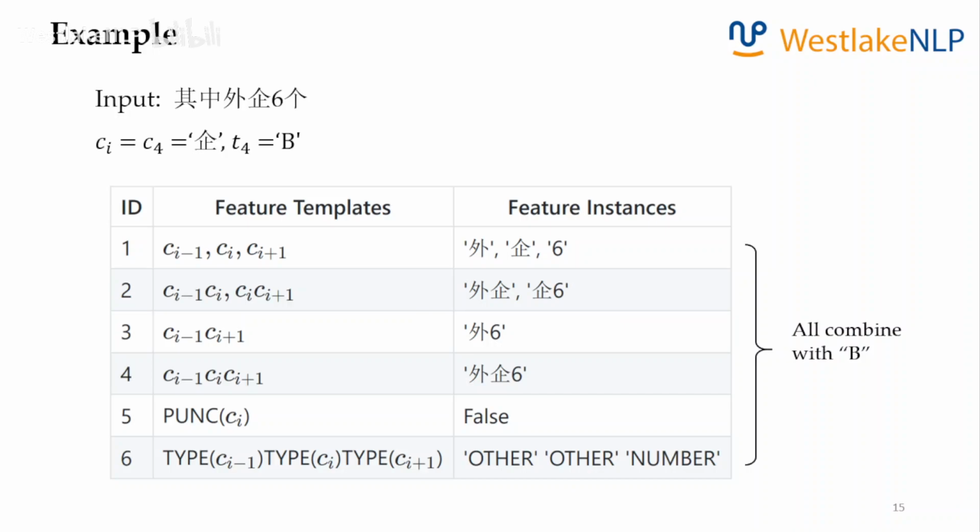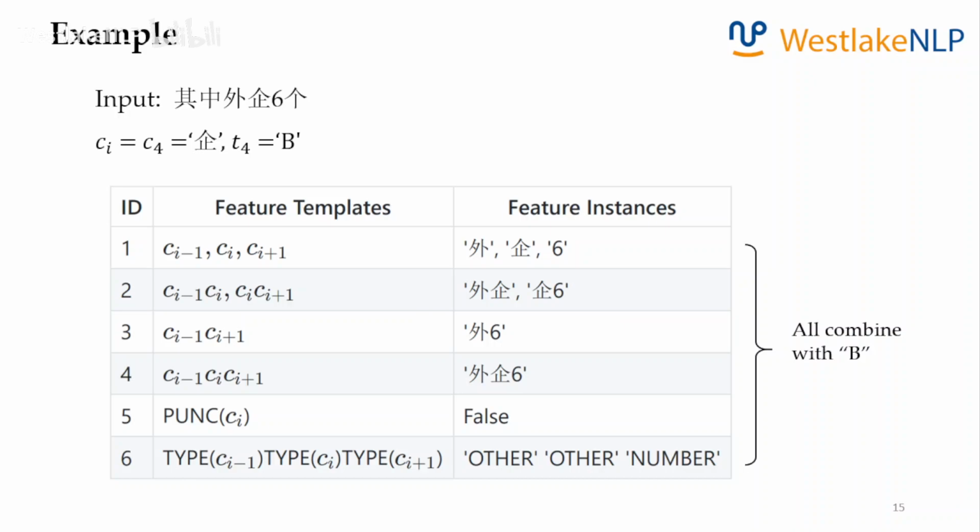For example, the first feature template, character unigrams. The previous character is the third character, the current character is the fourth character, the next character is the fifth character, and each of these is instantiated. And each of these is combined with the output label B to form a feature instance. Like 6. What if the next character is 6 and the current label is B?